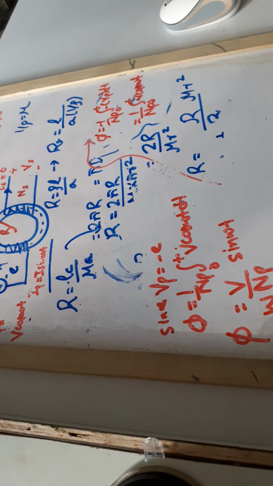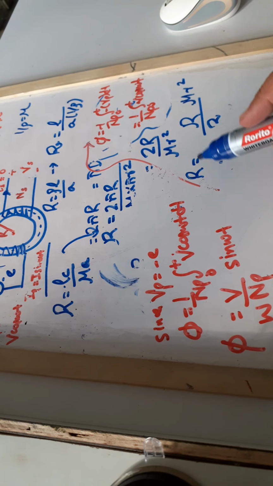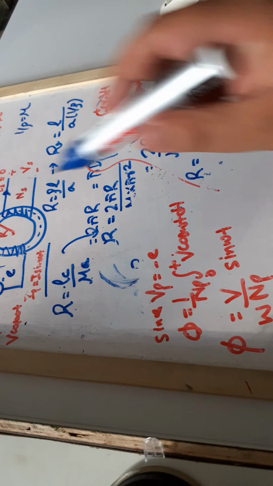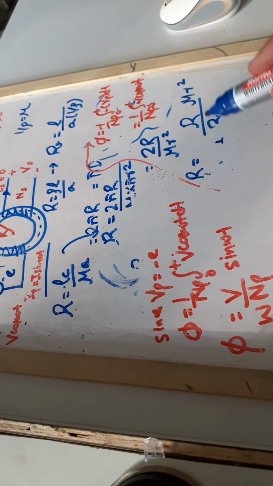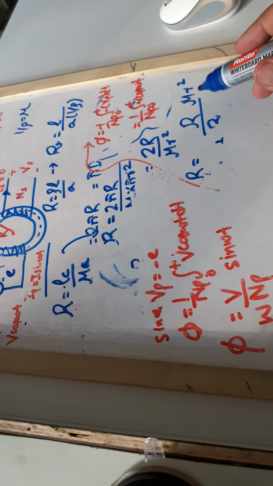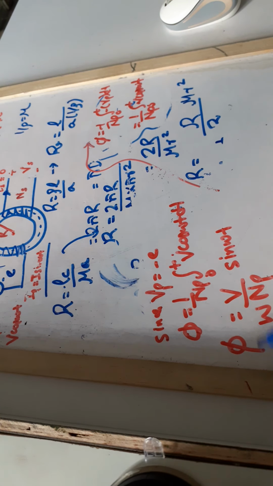Now if you need the value of your total reluctance, remember that reluctance is basically mmf by flux.